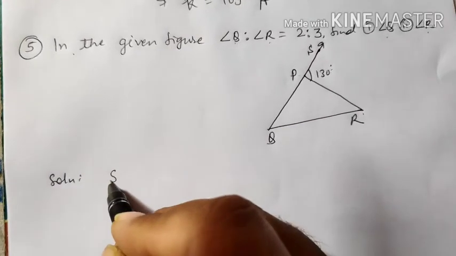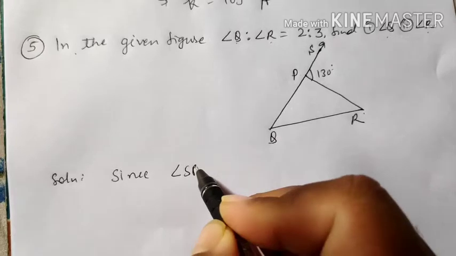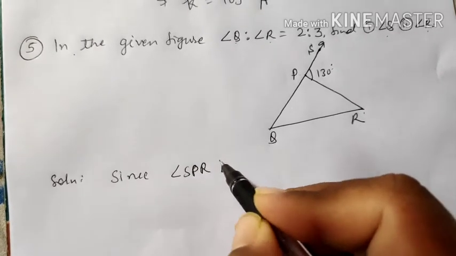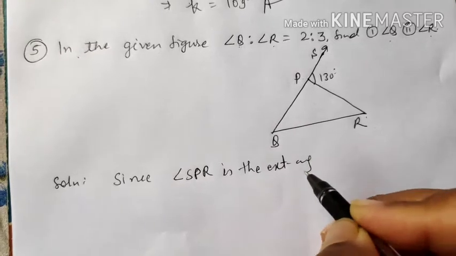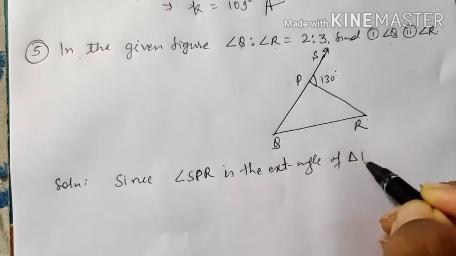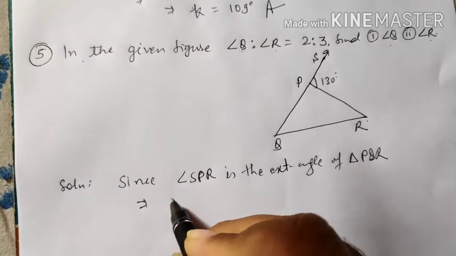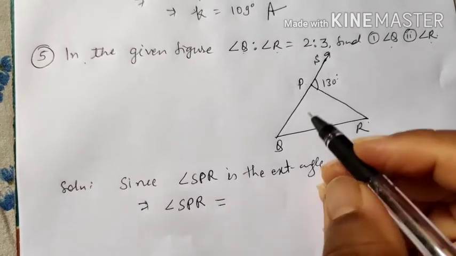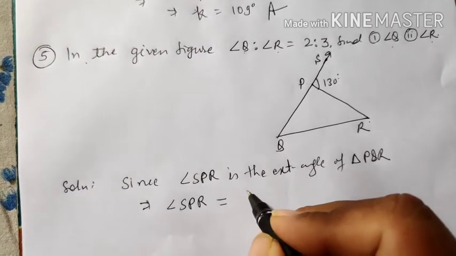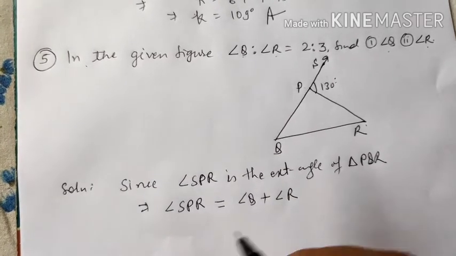So we write, since angle SPR is the exterior angle of triangle PQR, this implies angle SPR must equal its two interior opposite angles, that is angle Q plus angle R. Okay.